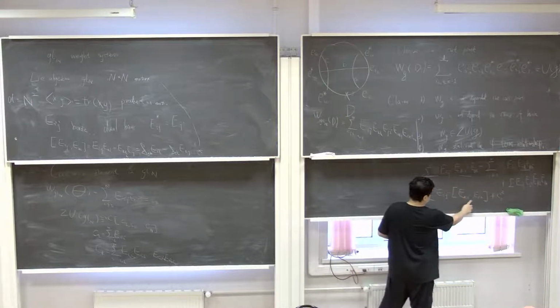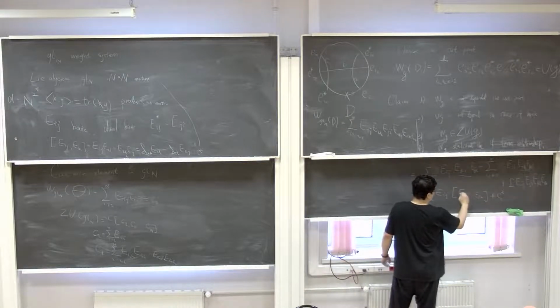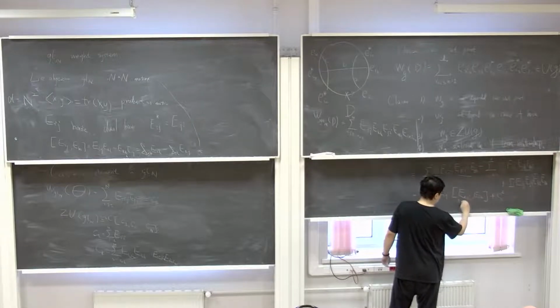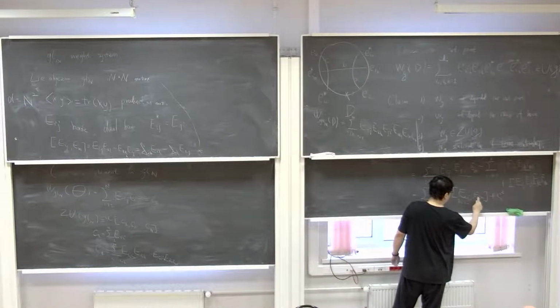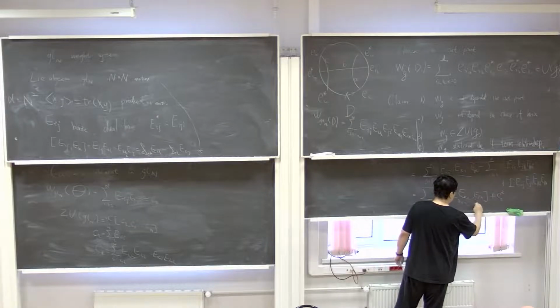And for this, you get the delta IJ EKK minus delta KK, which is 1 EJI.